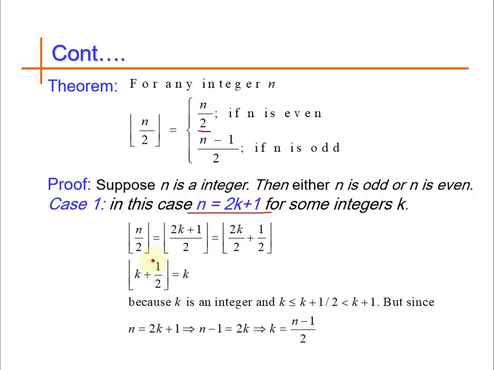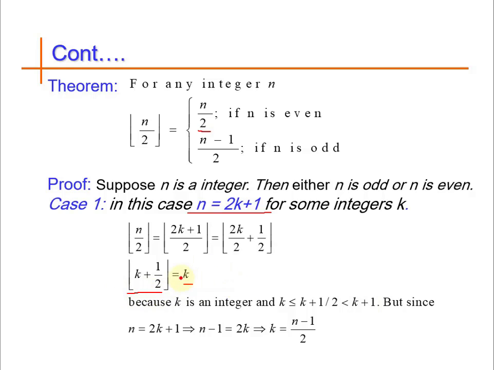And we have seen this, that if we add some fraction to an integer and take the floor, we get that integer k. The reason is that k plus 1 over 2 is greater than k and less than k plus 1. So the answer of this floor of k plus 1 over 2 is k.